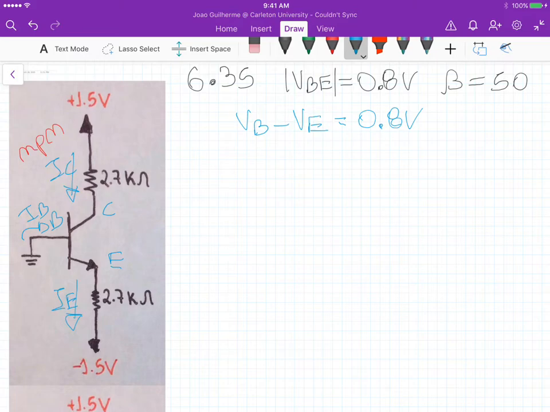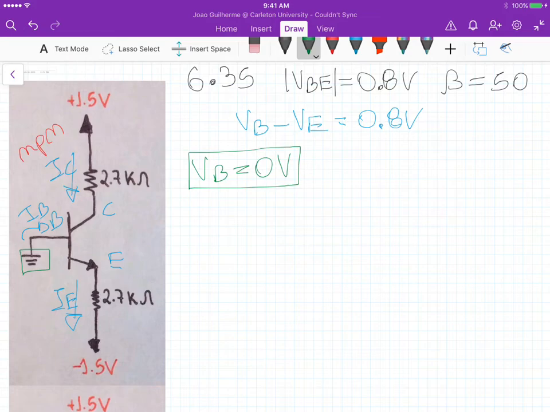Okay. Now, one thing is that if we look at the circuit here, the base is grounded. So if the base is grounded, the voltage at the base, VB, is actually 0 volts. And that's one of the answers. The voltage at the base is equal to 0.